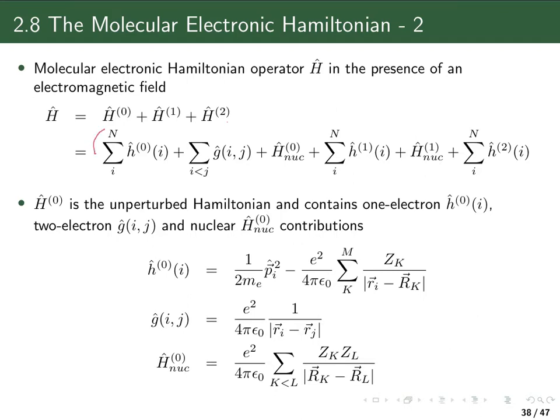This means that the first three terms here are the 0th order Hamiltonian, and they are actually the terms which we had already in chapter 2.2 on the Born-Oppenheimer approximation.